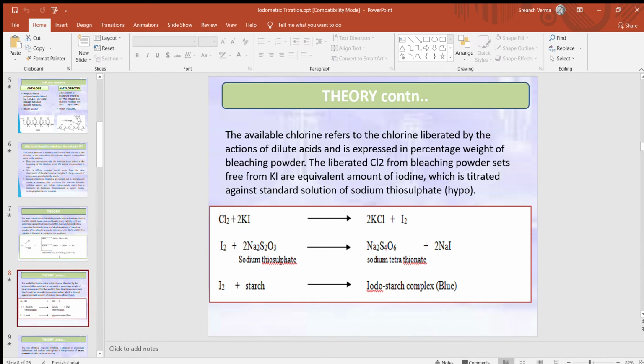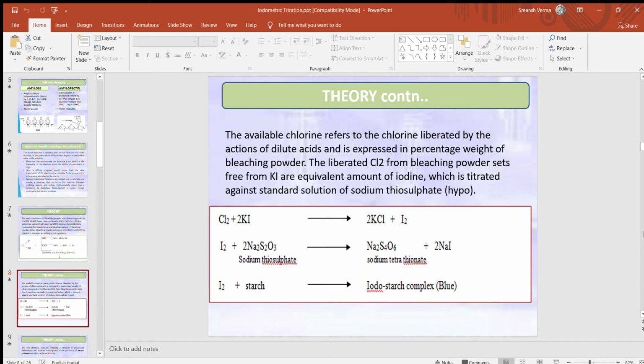Triiodide is much more soluble than iodine, and it is as triiodide that the iodine is kept in the solution. So once it is converted into triiodide, it is easy to solubilize, and it is easy to get the release of this iodine, which can be easily titrated against the hypo solution.